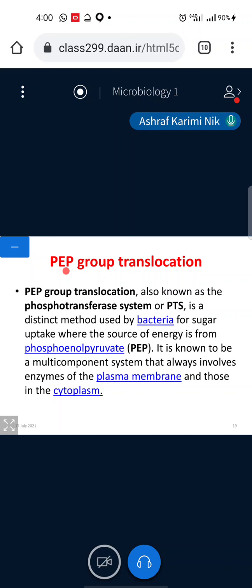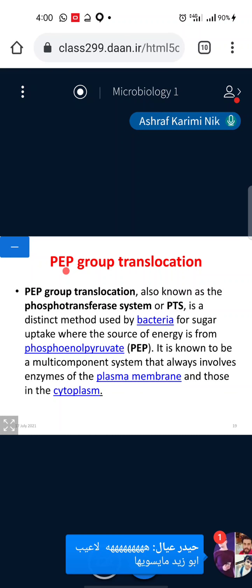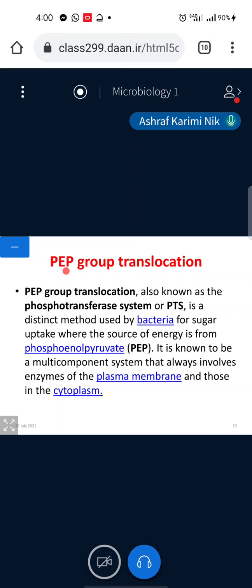It means eukaryotic cells, animal cells, plant cells, human cells, protozoa, and fungi don't have PEP group translocation. Yes, it is just for some bacteria and some carbohydrates, not all bacteria, not all carbohydrates.